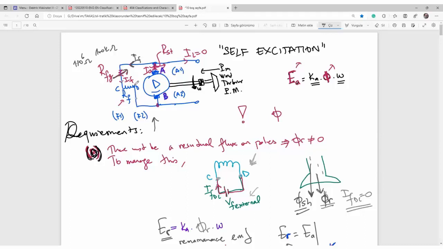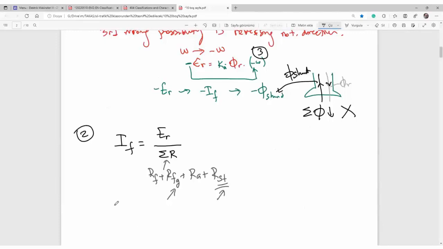What do I mean? Let me explain. EMF, let's say EMF in general, not ER. It is correct if I say in the no load case, EMF is equal to IF times total resistance.